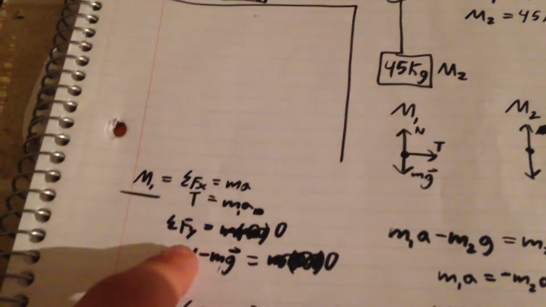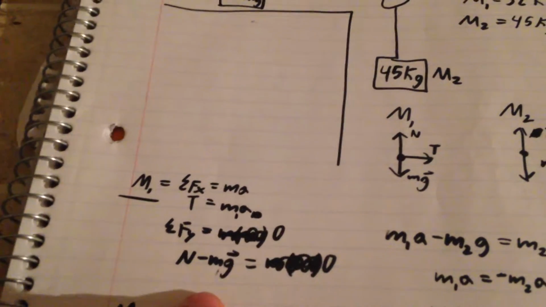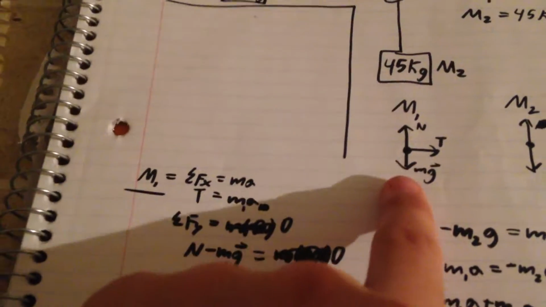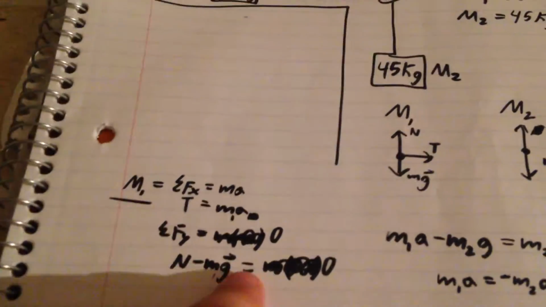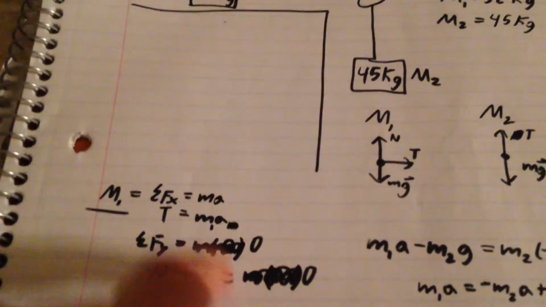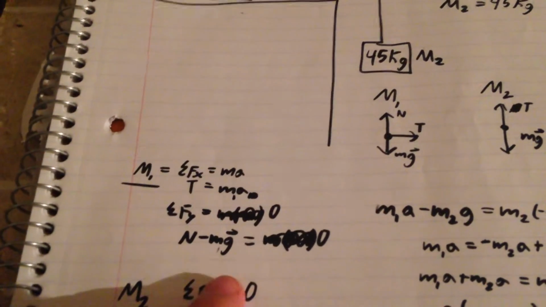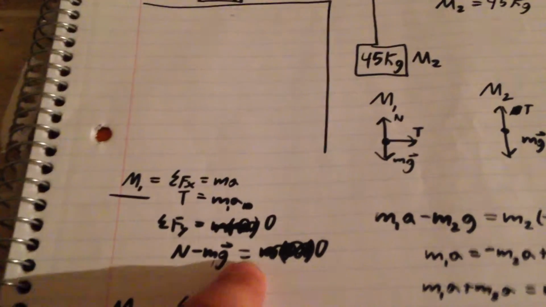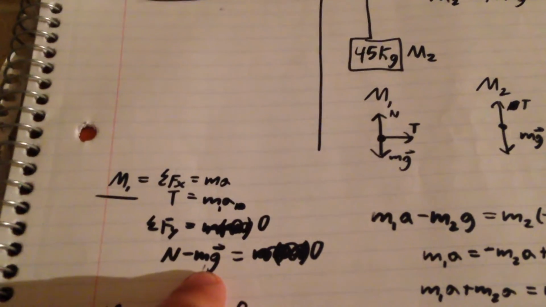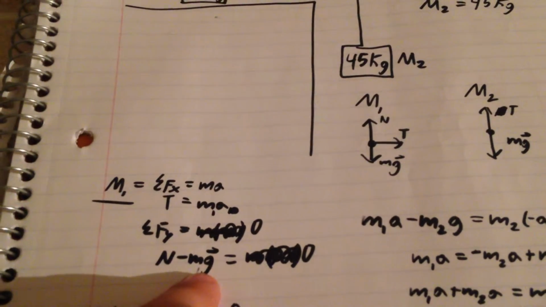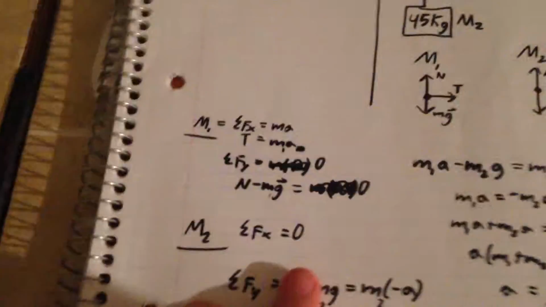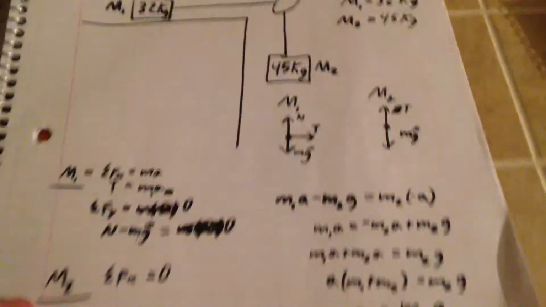And for your Y, it equals 0. The only forces acting in your Y direction are N and negative mg, because gravity is always pointing down, equals 0, which we aren't going to use.